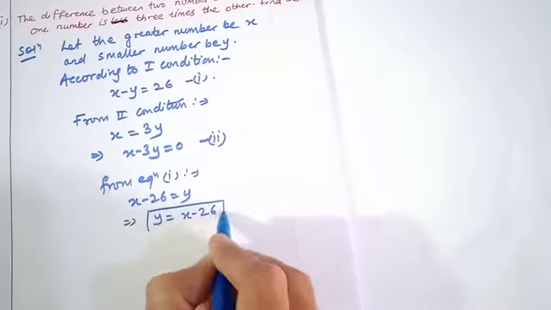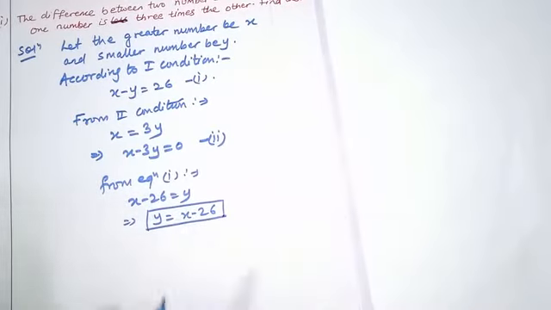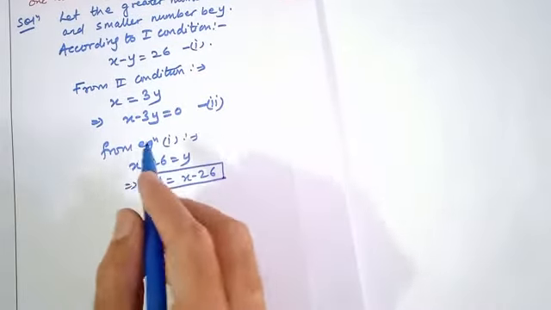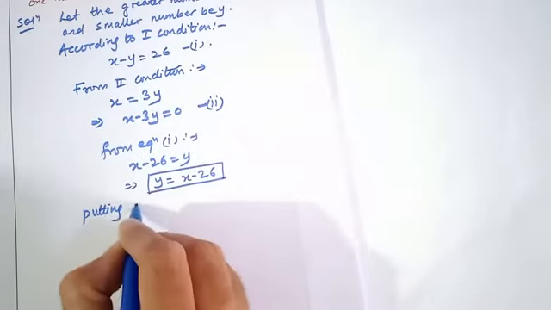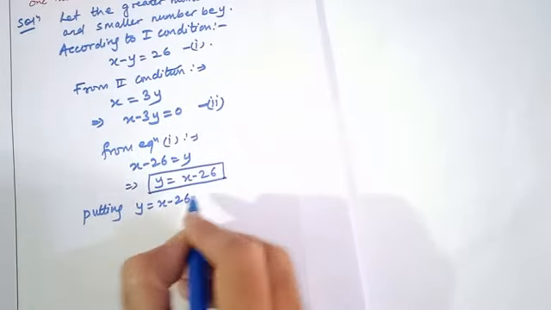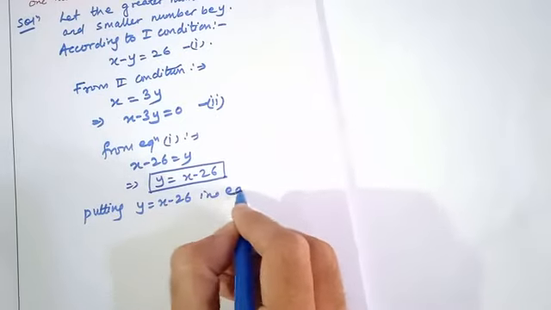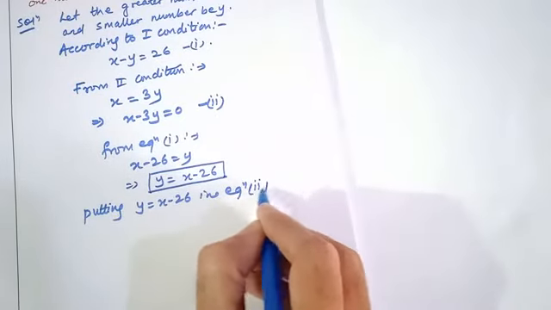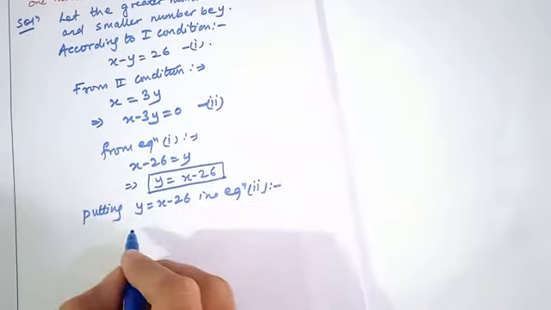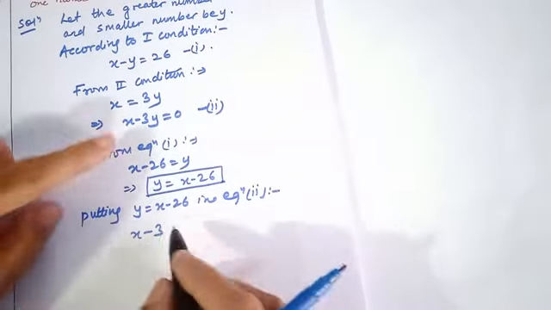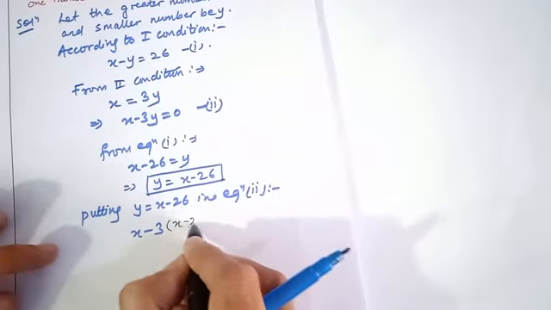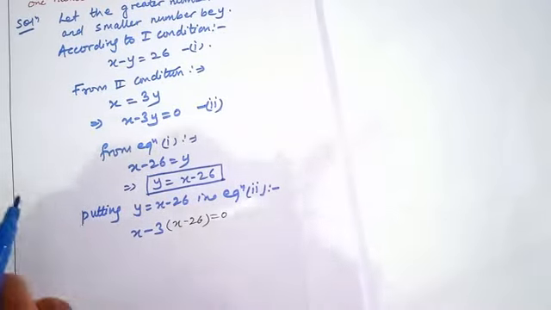Now we will substitute this value of y in our second equation. Putting y equals x minus 26 in equation 2, we get x minus 3 into y, and in place of y we put x minus 26, equals 0.